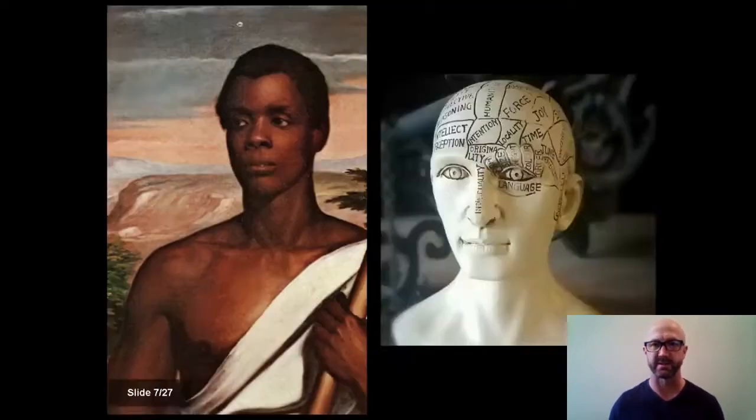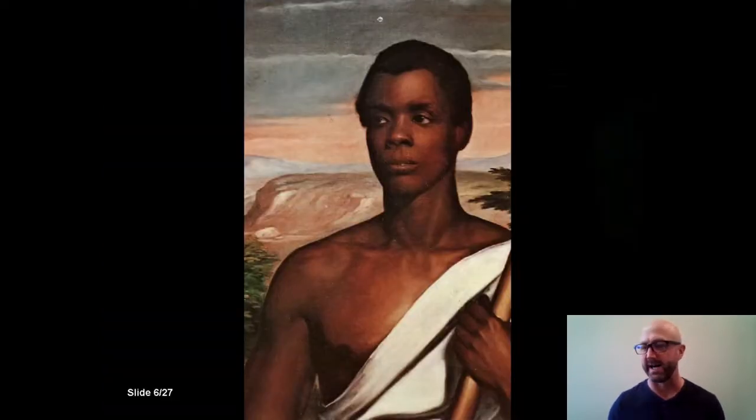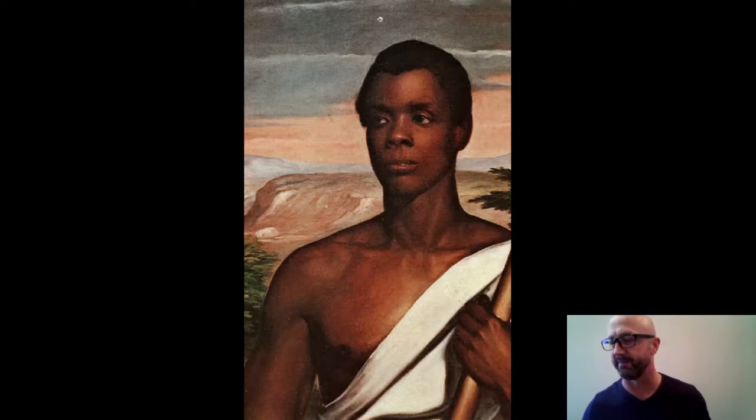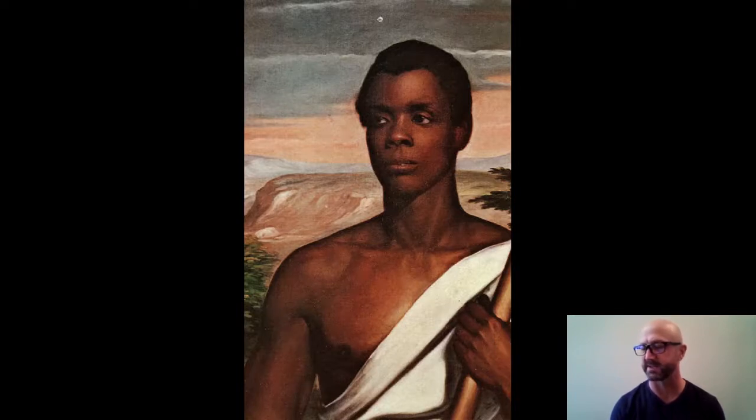And again, just to push this point home, that's a phrenologist's head where, let's say you have a bump in one of these areas or a smoothness in one of these areas, supposedly you have greater ability for this or that. So they're studying this man. And then, of course, a portrait of him is commissioned by another famous black abolitionist by the name of Robert Purvis, and then Nathaniel Jocelyn makes this one.